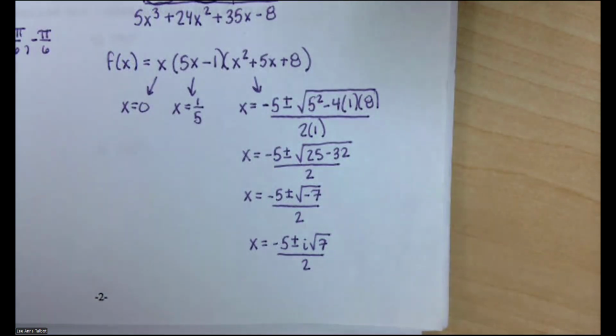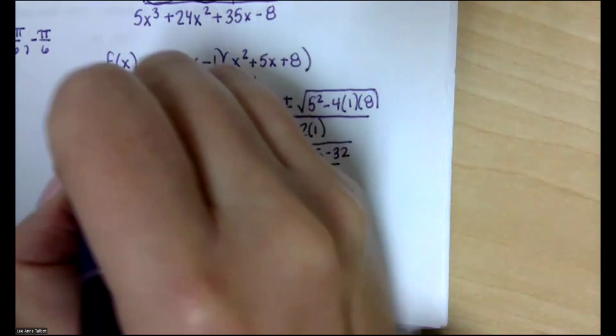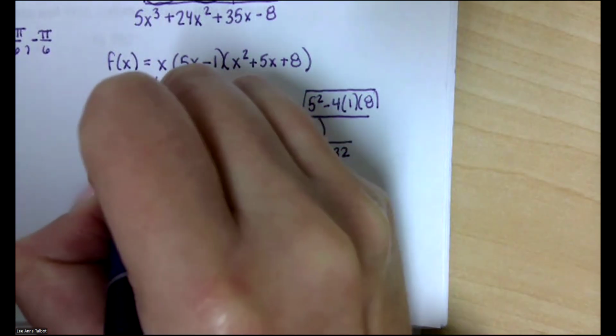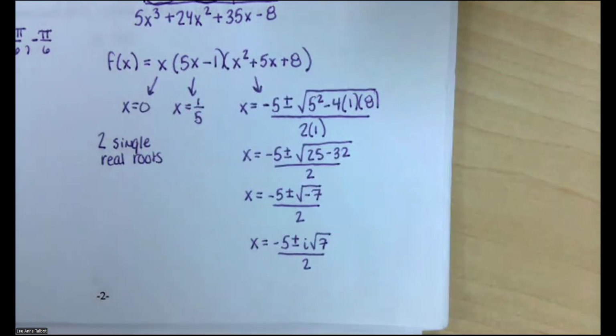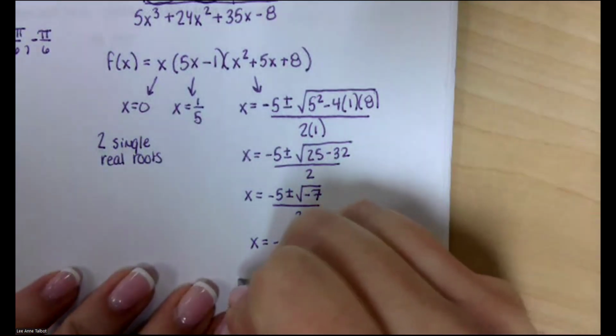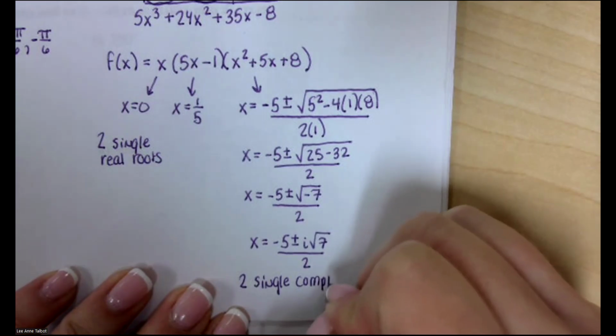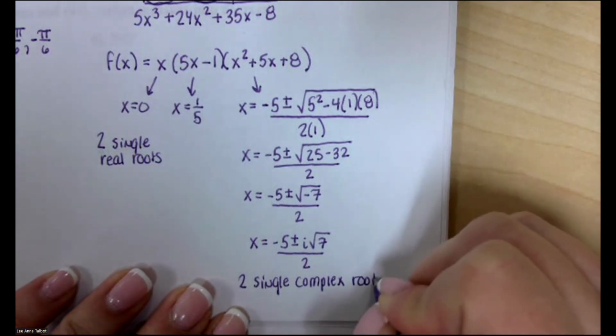You guys get i root 7? Okay. So we have 2 single real roots and 2 single complex roots.